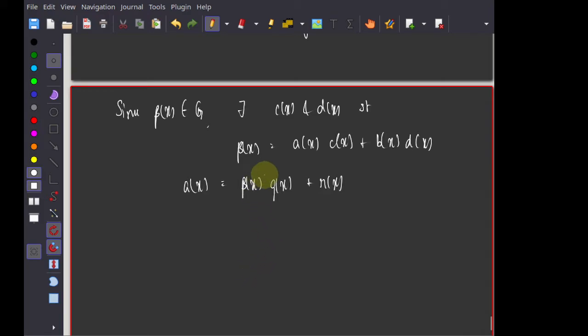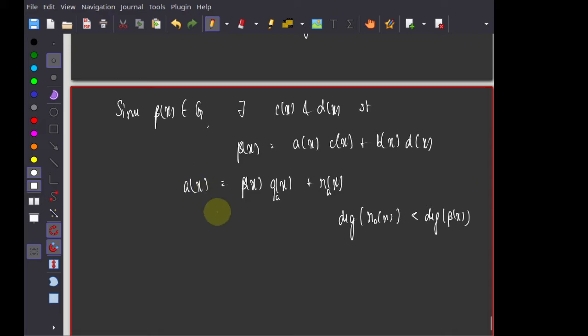Let me call these qa(x) and ra(x). Given any two polynomials, I can always write it in this form, where the degree of ra(x) is strictly less than the degree of beta(x).